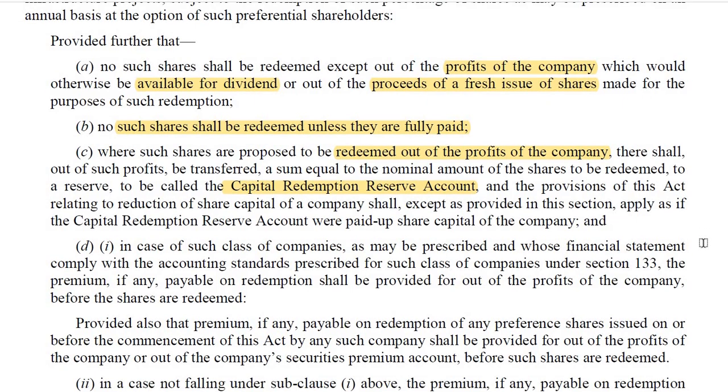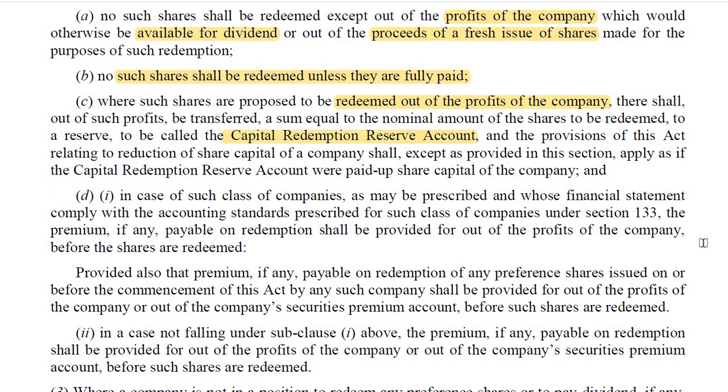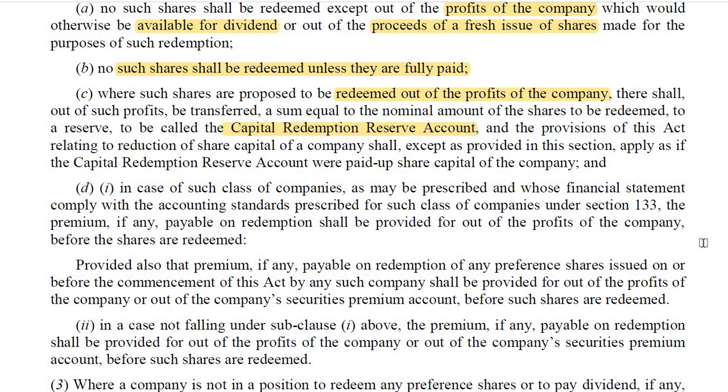Provided also that premium, if any, payable on redemption of any preference shares issued on or before the commencement of this act by any such company shall be provided for out of the profits of the company or out of the company's securities premium account before such shares are redeemed.